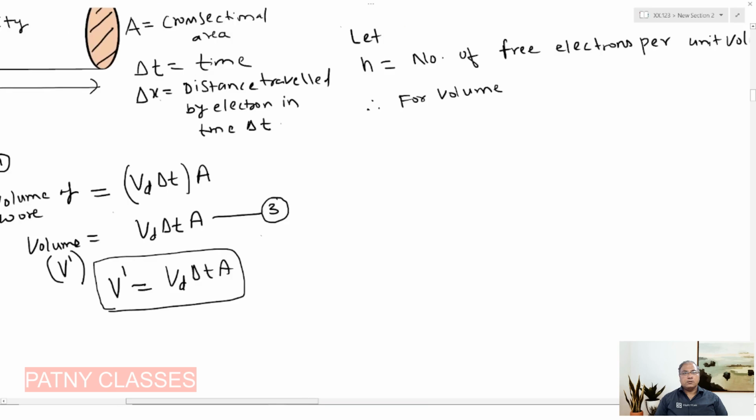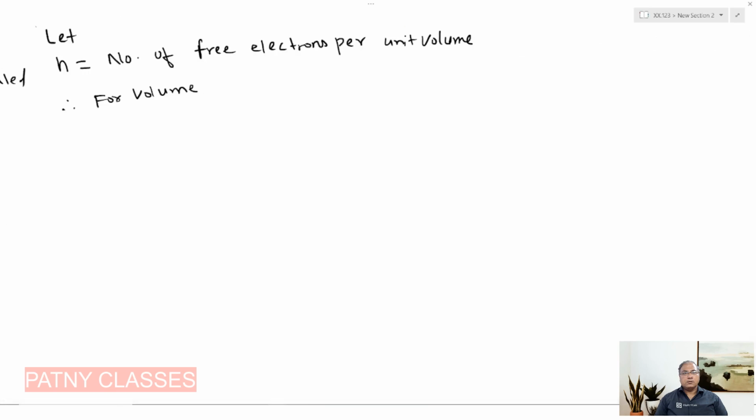Therefore, for volume V dash, the number of electrons, how much?